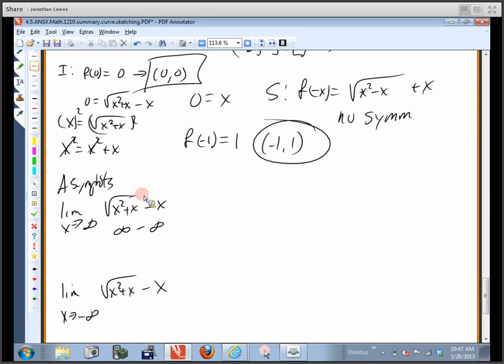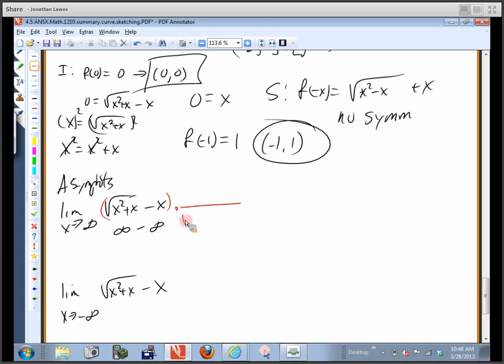And we used it once the other day. Let's see. That's not in the denominator, so you don't have a top and a bottom to balance that out. Let me change colors here. Multiply by the conjugate.